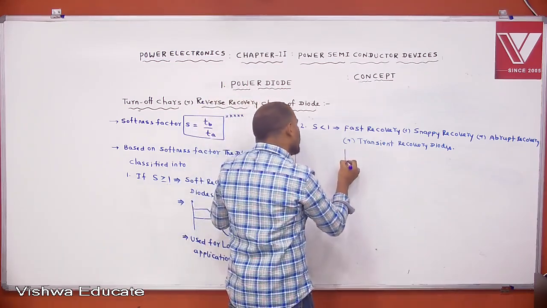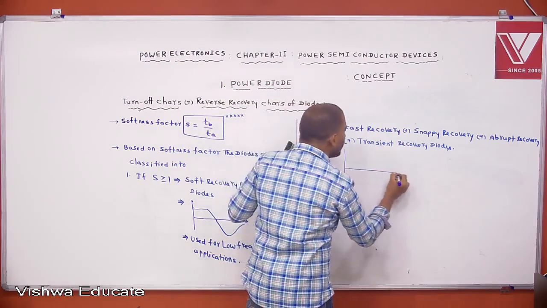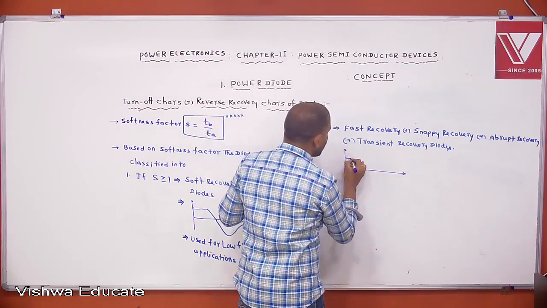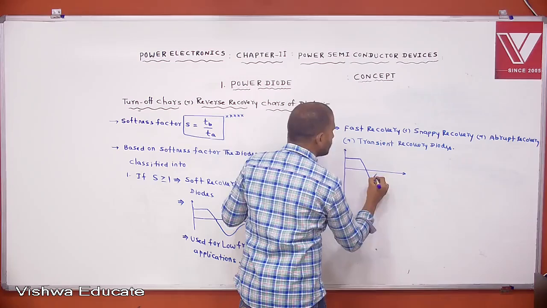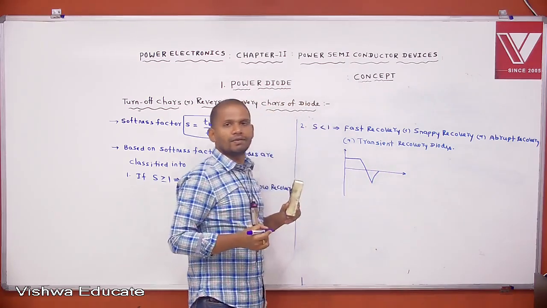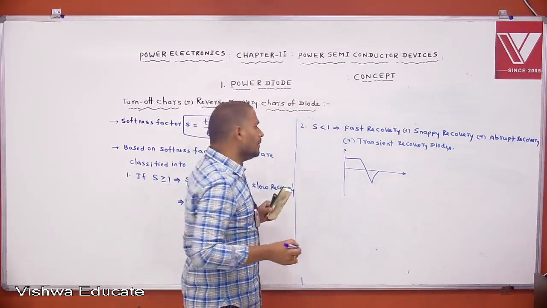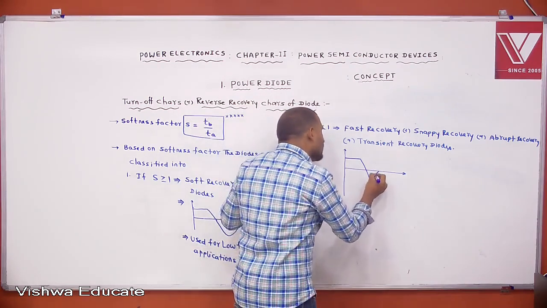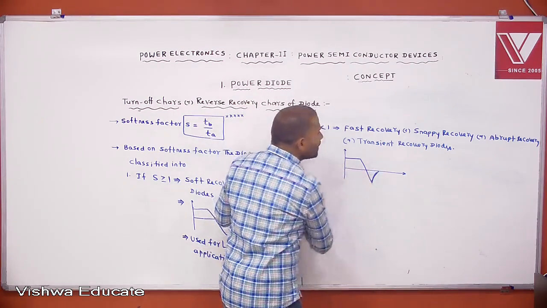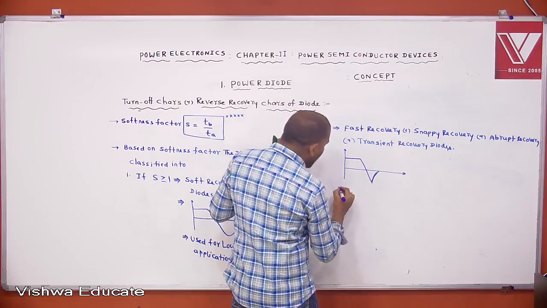Then for these diodes, during the reverse recovery process, the characteristics are like this. This is sudden recovery. Because of this sudden recovery, the turn off time is less.